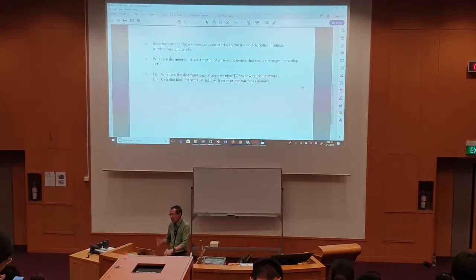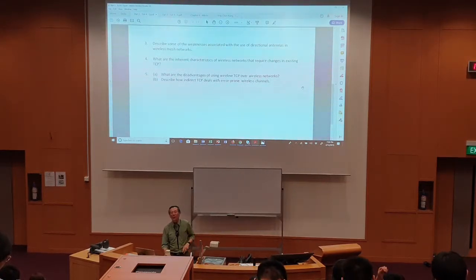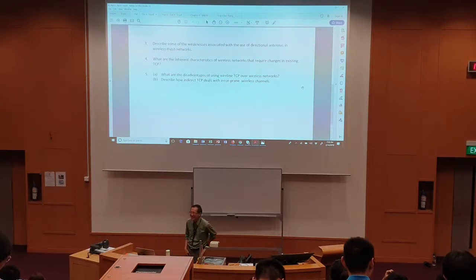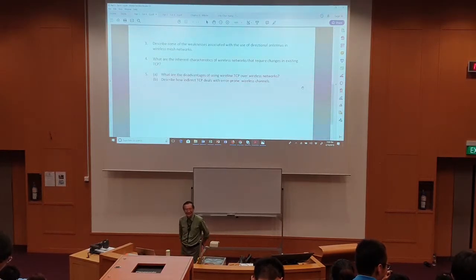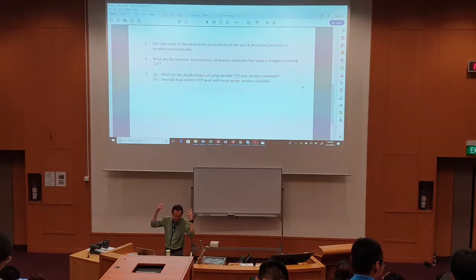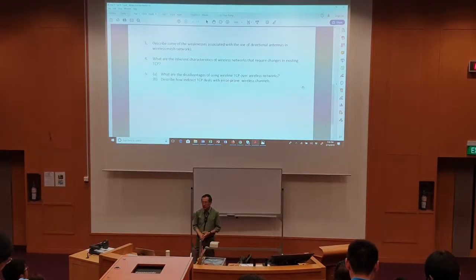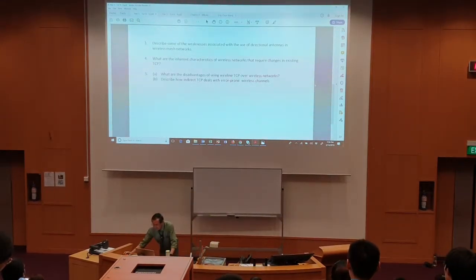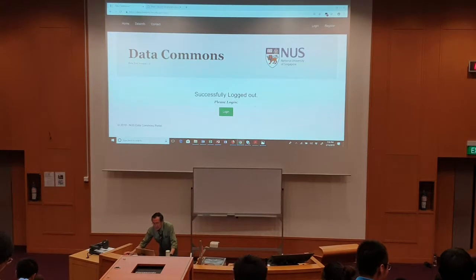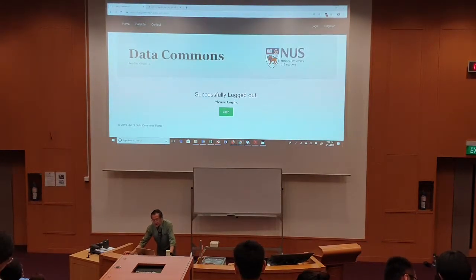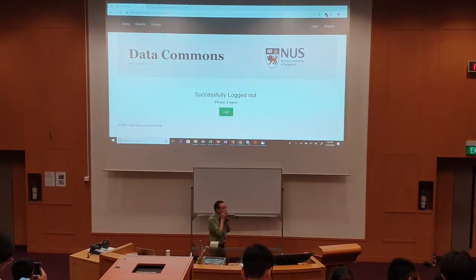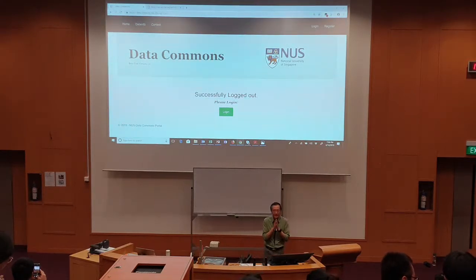Right. So the IoT template that I talked about just now, we built it together, or at least we co-funded it together. And feel free to extract the data from data commons. It's called data commons.